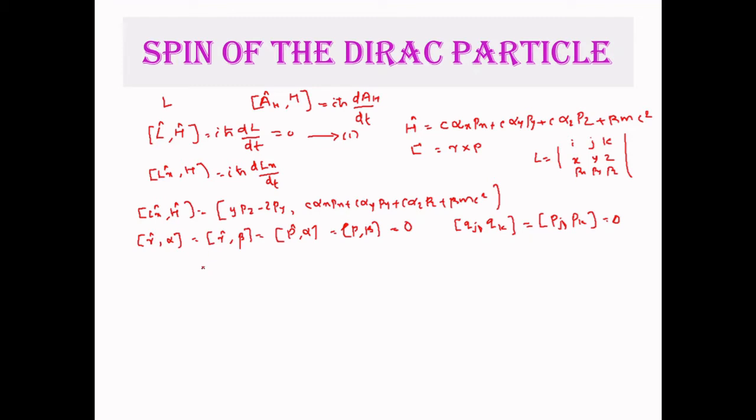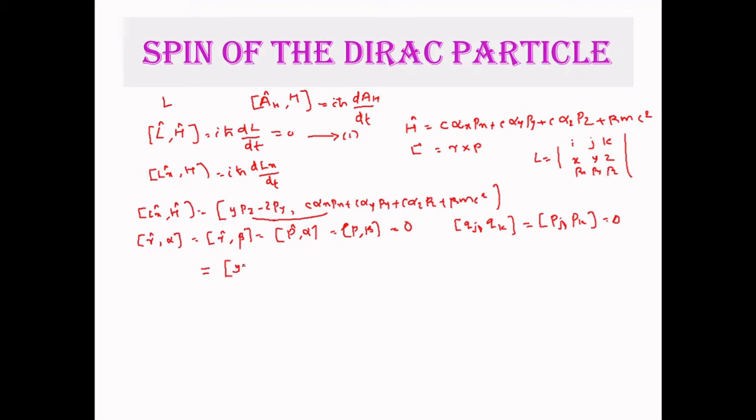So we can write down the value of this particular commutator using these relations. We can neglect some of the terms and consider only those terms which have some probability to exist. When you consider the first term, that is the combination of y P_z with α_x P_x, α_y P_y, α_z P_z and β m c², only the term which contains y and P_y should exist, and all other commutators will be 0.